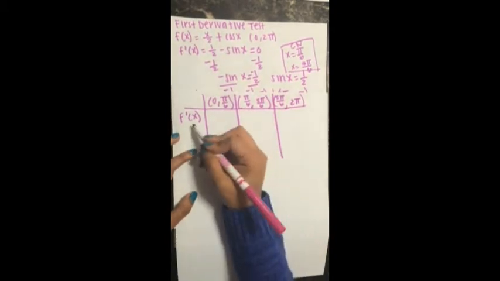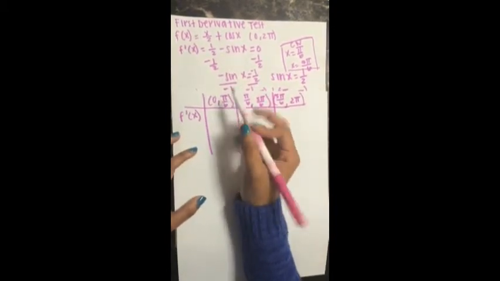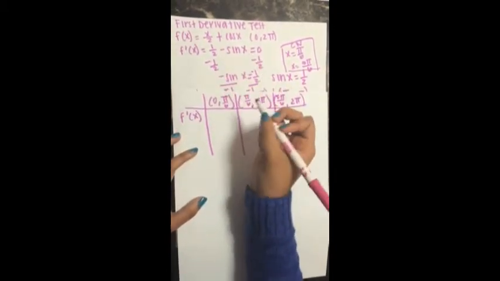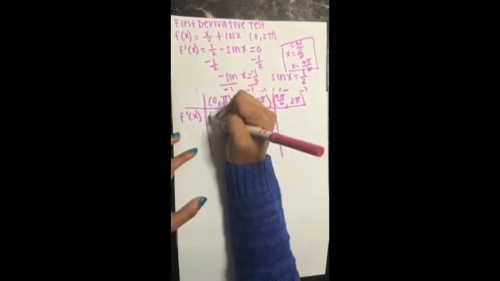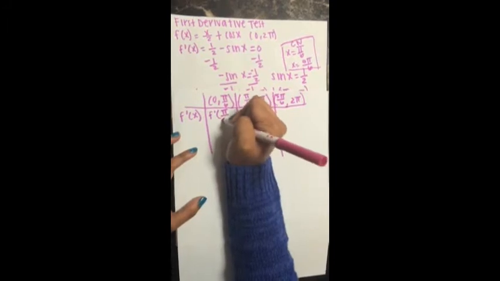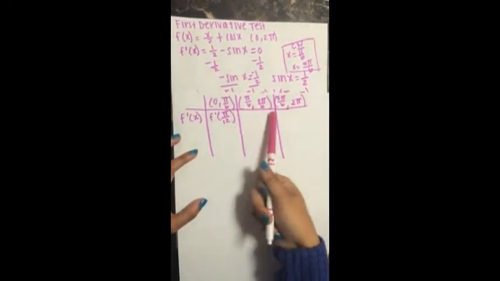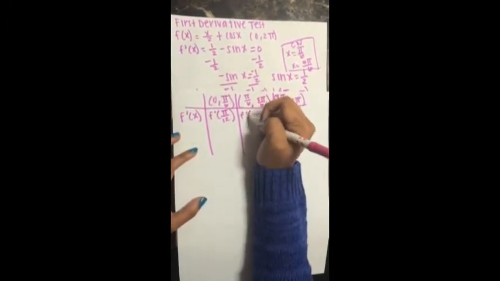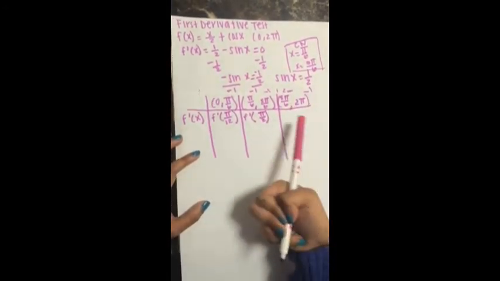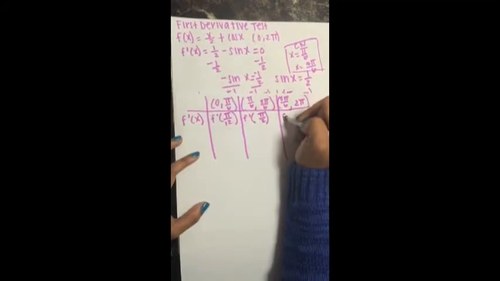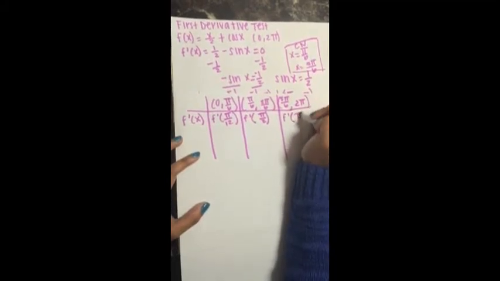So we're plugging into our first derivative, which was 1/2 minus sine x, and a value between 0 and pi over 6 would be pi over 12. A value between pi over 6 and 5 pi over 6 would be pi over 2. And a value between 5 pi over 6 and 2 pi would be pi.